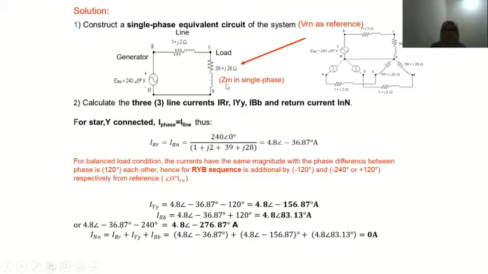Luckily, your load is already in star connection and your generator is also in star connection. So you don't need to do any conversion of the load to put it in a single phase equivalent circuit.